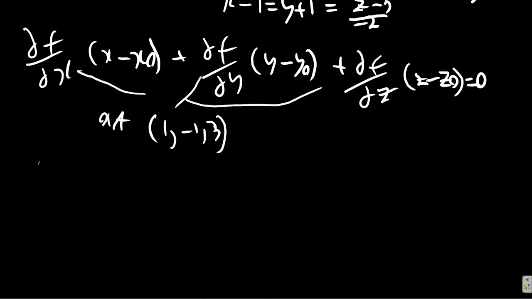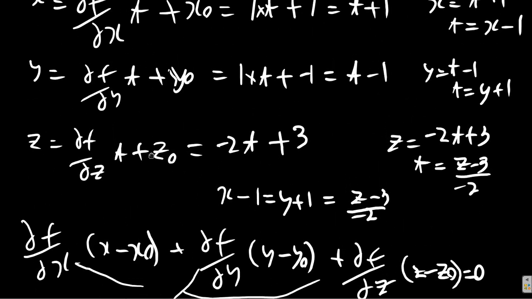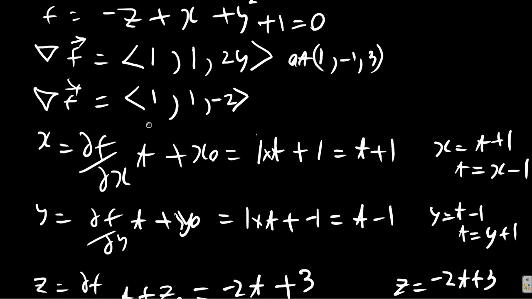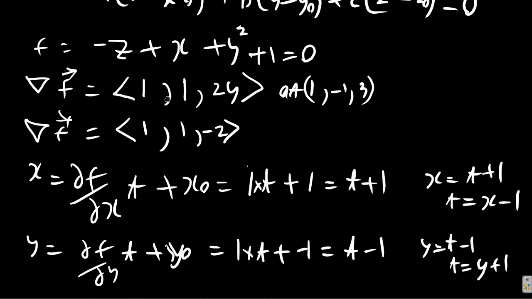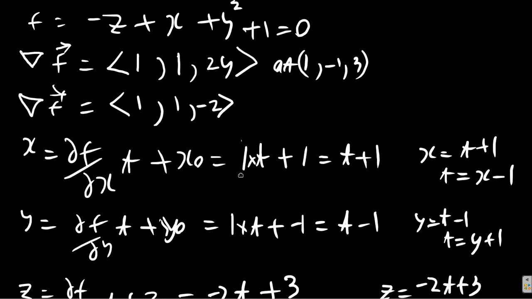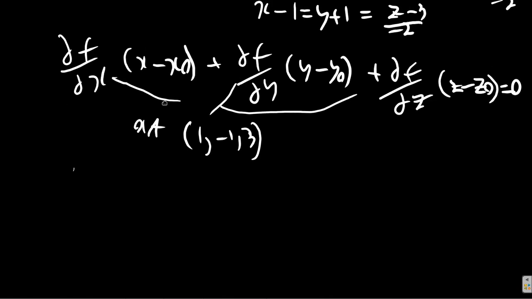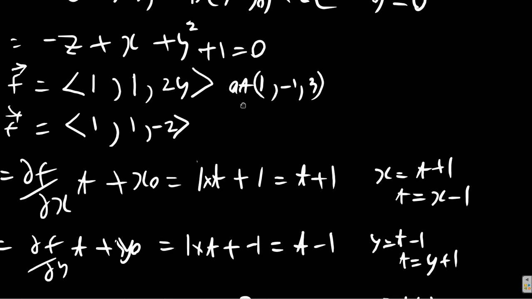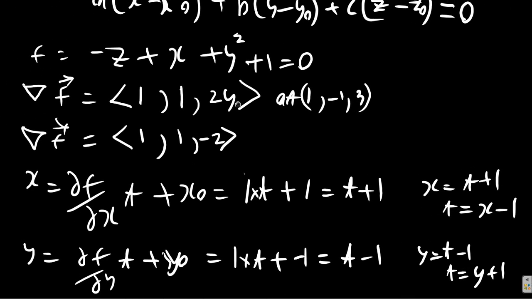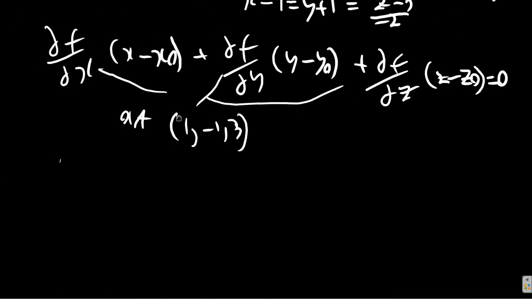Now delta f by delta x, what was it again? When we substituted, we got 1, 1, negative 2, right? So delta f by delta x is 1, times x minus x0.